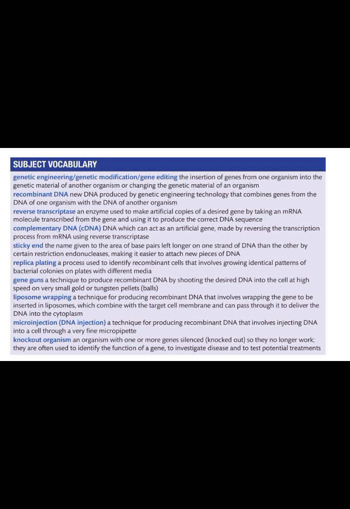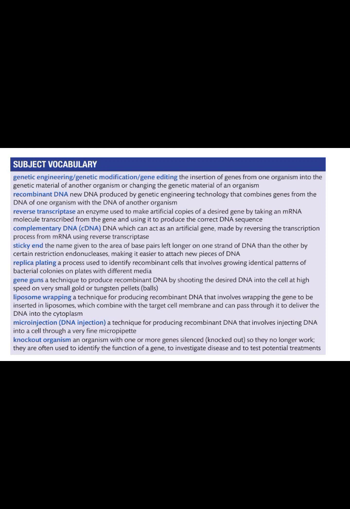Again, take the milk-giving cow as an example. You can take the gene from that desired organism. That messenger RNA will be responsible for making copies of it, and then that molecule will be responsible for transcribing the copies.